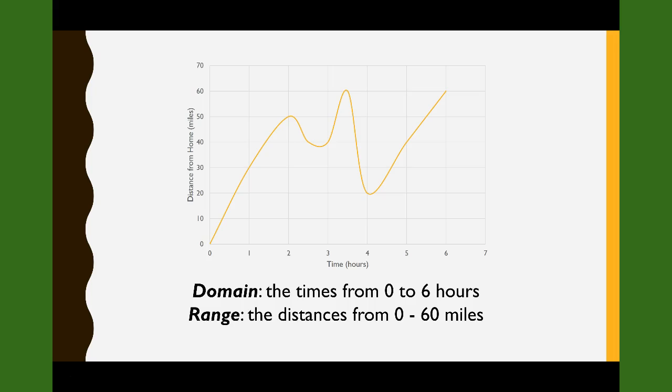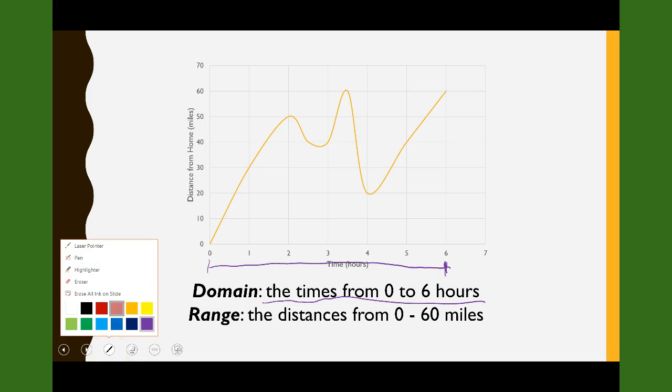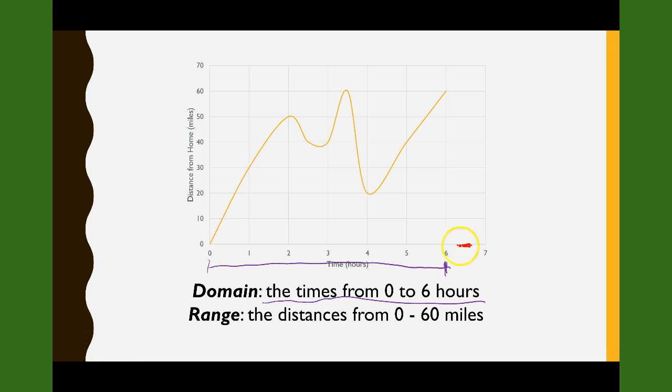We can say, though, collectively that the domain here are the times from 0 to 6 hours, because the graph went from here to 6 hours. So that's our domain. And our range went from 0 miles to 60 miles, the maximum that we reach. So that's how we represent this.